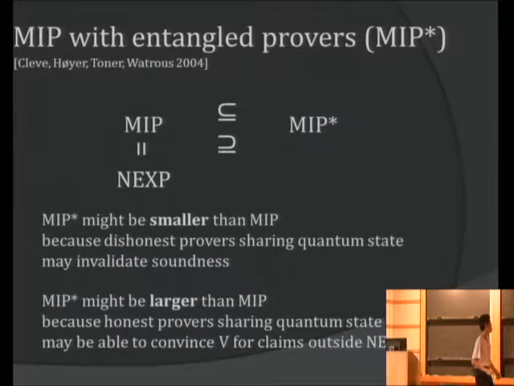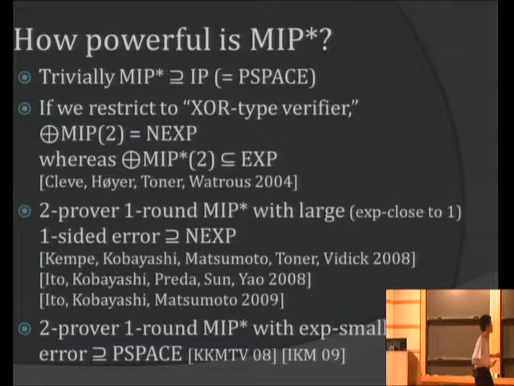Before our work, there were studies on this class, and this is part of it. First of all, restrict to provers and use just one prover. In that case, we don't care what they share, and we get single-prover IP. And Cleve and others found evidence that indeed this class does not contain classical MIP.